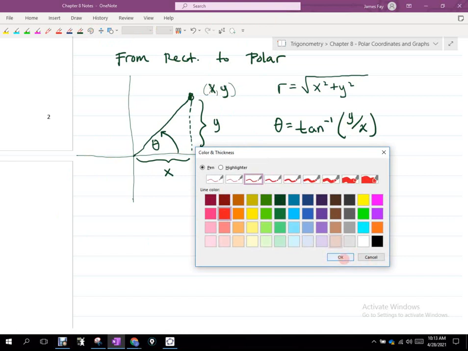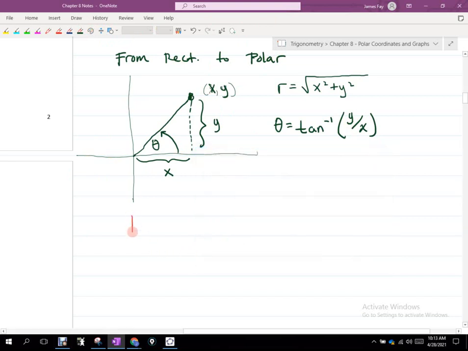And those of you that have dealt with vectors in physics, some of these formulas might make sense to us. Okay. Let's say I'm in polar coordinates right now, and I've got this point right here identified as r comma theta. So we know that's polar.